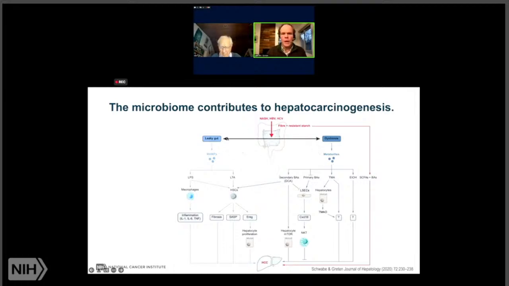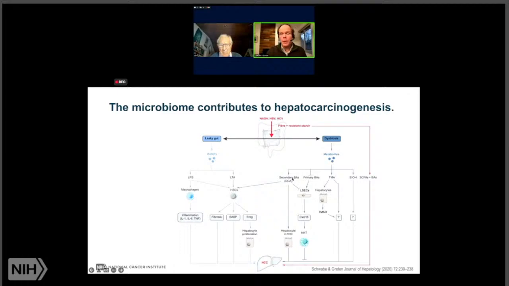I've shown you how the leaky gut can lead to an accumulation of DAMs and MAMs, which can cause inflammation. But there are other mechanisms that I didn't show you, out of time, and because I wanted to specifically focus on immune responses. We know that there are also effects which are mediated by stellate cells.